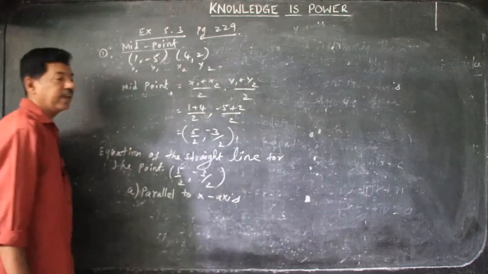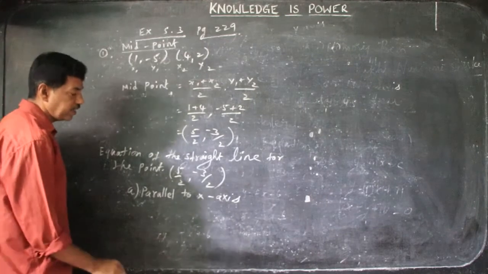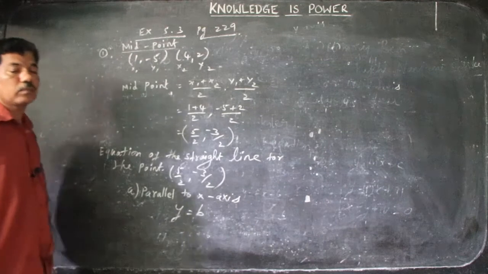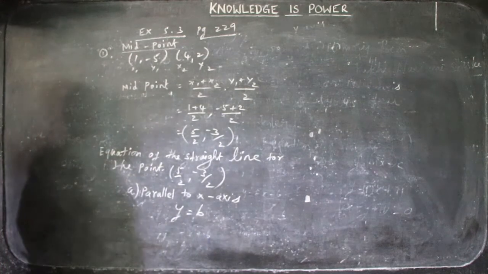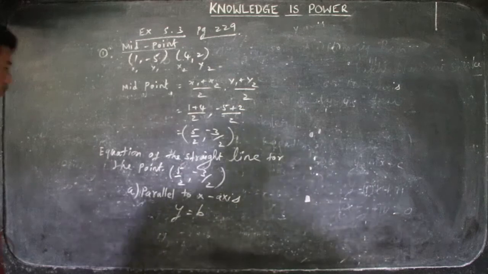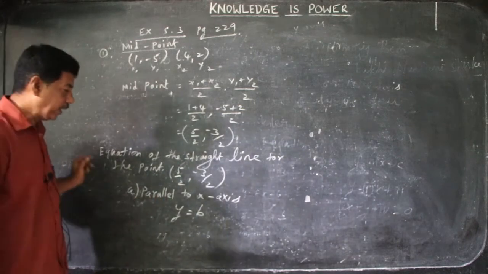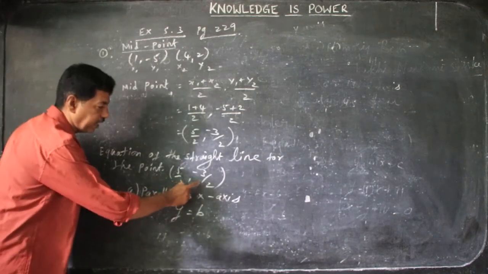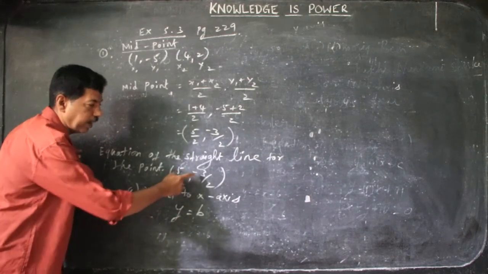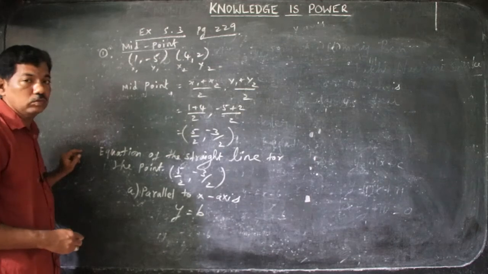Parallel to the x-axis, what I told is y equal to b. It's clear? Y equal to b. So parallel to the x-axis, y equal to b means you have to write the second coordinate. X should be 0. Y equal to minus 3 by 2. It's clear?